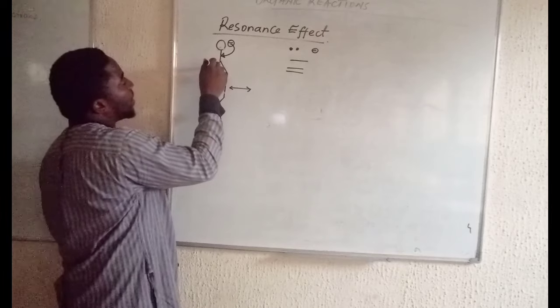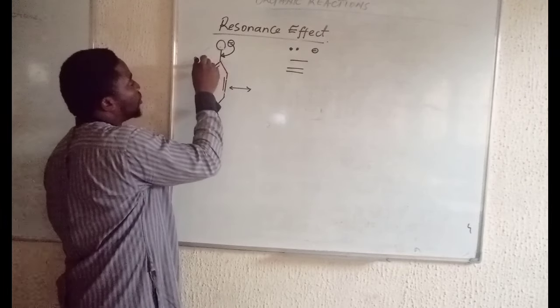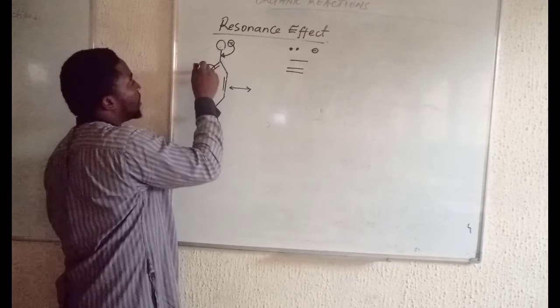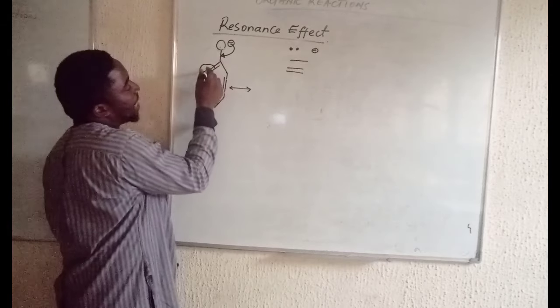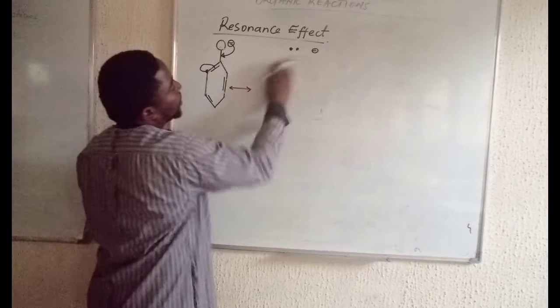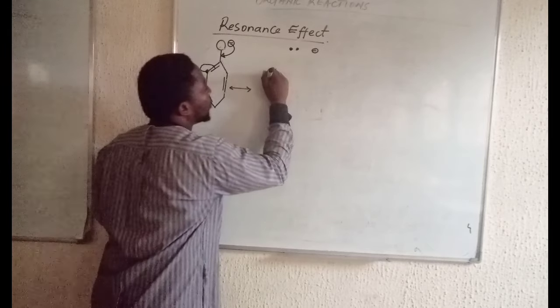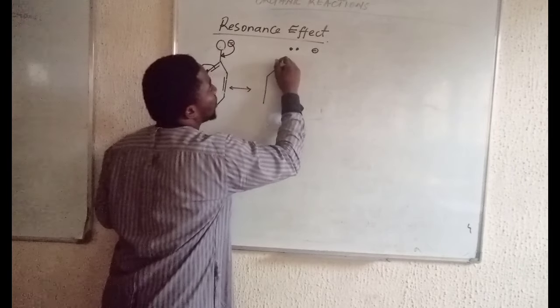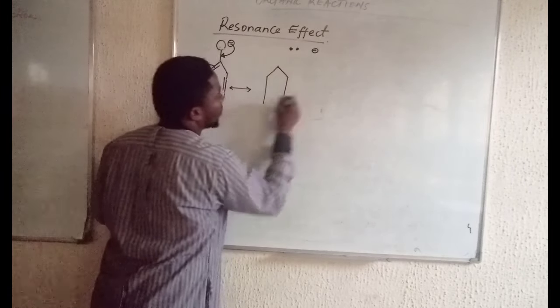So now the electrons in the pi bond will move from here to the carbon atom at this point. So the resultant molecule, we have this structure.